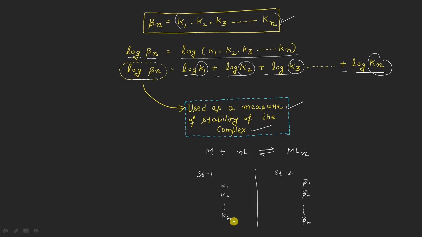The relationship between these betas and these K's is this equation here, such that the log of beta n represents a measure of the stability of this complex ion formed from these ions here.